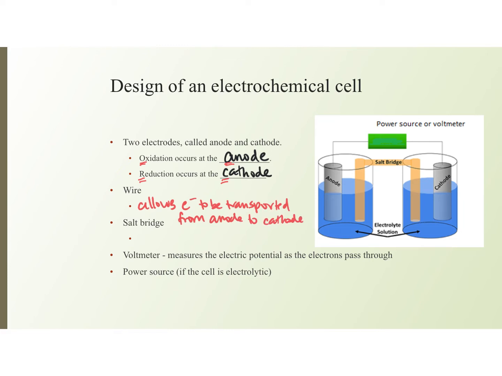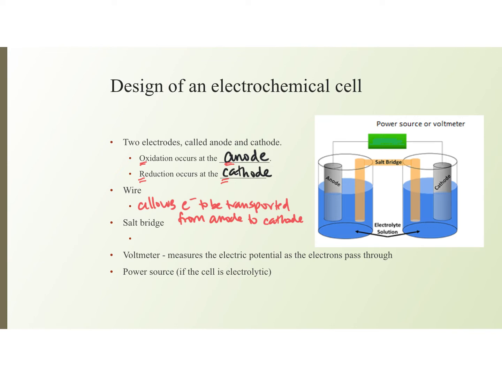Okay, remember one element is losing electrons, that would be the anode where oxidation is occurring. The other electrode will be gaining the electrons, so that's where the cathode is. So electrons in an electrochemical cell are being transferred from the anode to the cathode.